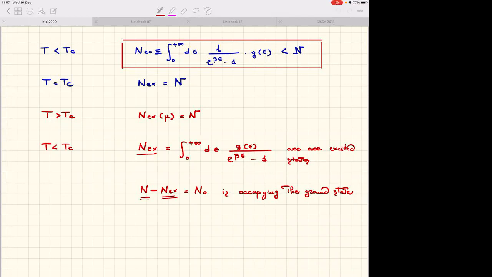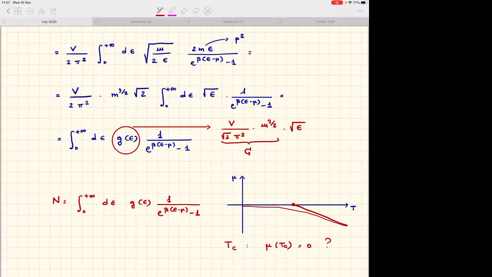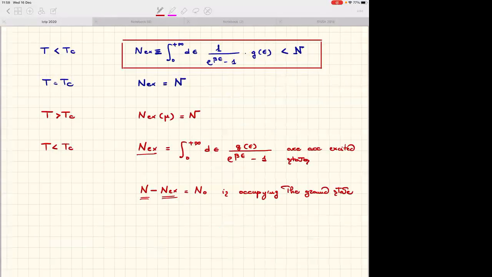What is special is that N excited is an extensive quantity, scales like V. N is an extensive quantity, scales also like V. And N naught is the difference of two extensive quantities. And if you go through the details, you will see that it scales like the volume.